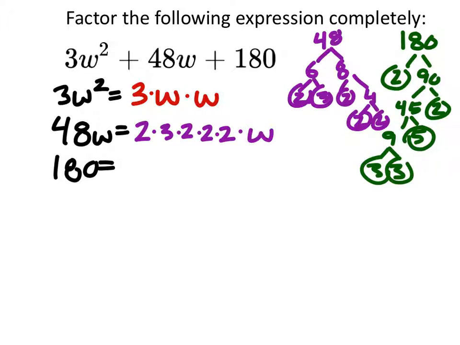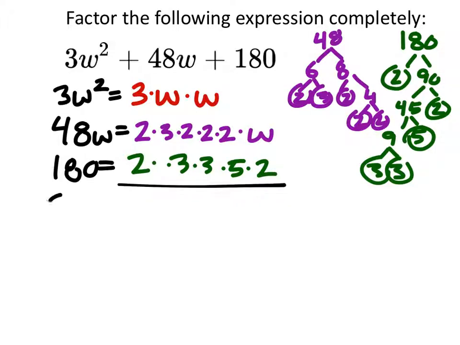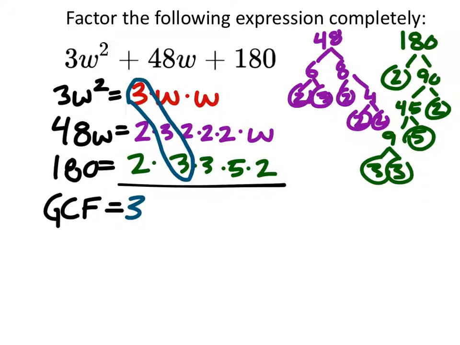So the final prime factorization is 2 times 3 times 3 times 5 times 2. Okay, so I'm looking for any common factors which will be a part of the greatest common factor. Oh, I've just got kind of a set of 3's right here like this. So our greatest common factor is just 3.